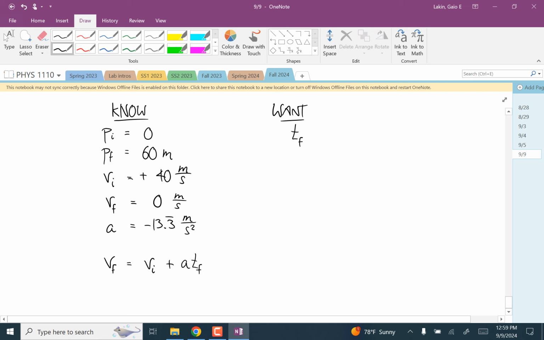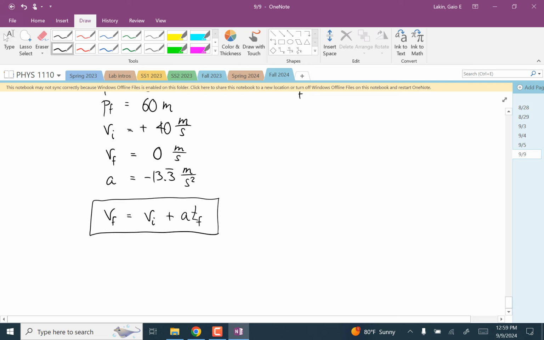Do we know acceleration? Yeah, so this one already works. I think the position final equation, the second equation, would also work here. But anytime you have the chance to use this one, it has the fewest variables in it. It doesn't have any squares, so you don't have to worry about taking square roots, and then you have a plus minus thing going on. So always use this if you can.